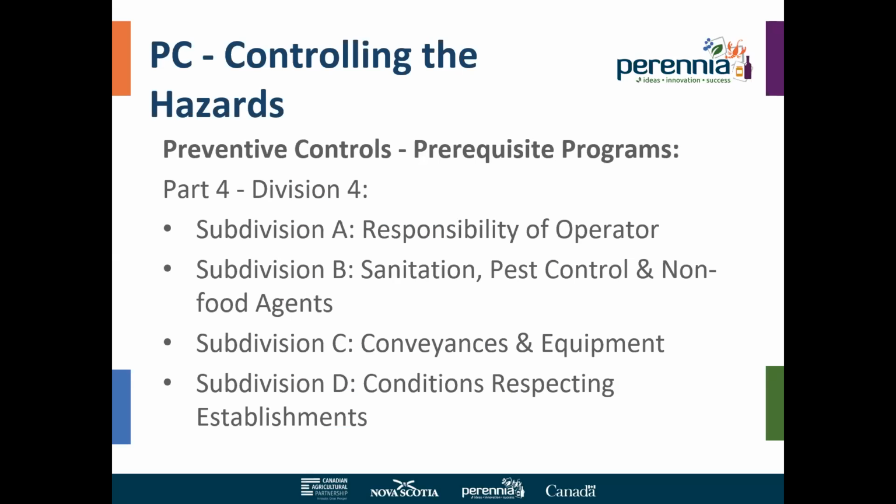So the preventive controls with Safe Food for Canadians. This is part 4, division 4. So subdivision A is responsibility of the operator. So remember a few slides ago, I talked about the food safety system being the same as building a house. Well, the responsibility of the operator, that's that management commitment.